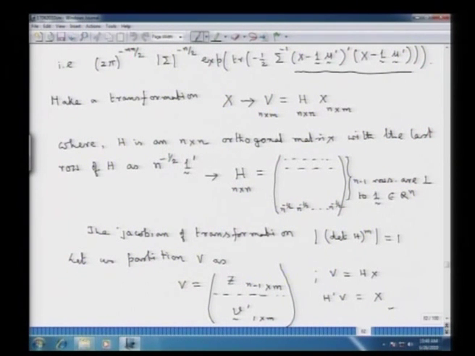This H matrix plays a crucial role; the special form that we had taken implied that the first n minus 1 rows of H are orthogonal to the 1 vector. The 1 vector is an n dimensional column vector with 1 at all the positions. The Jacobian of transformation was seen to be equal to 1.